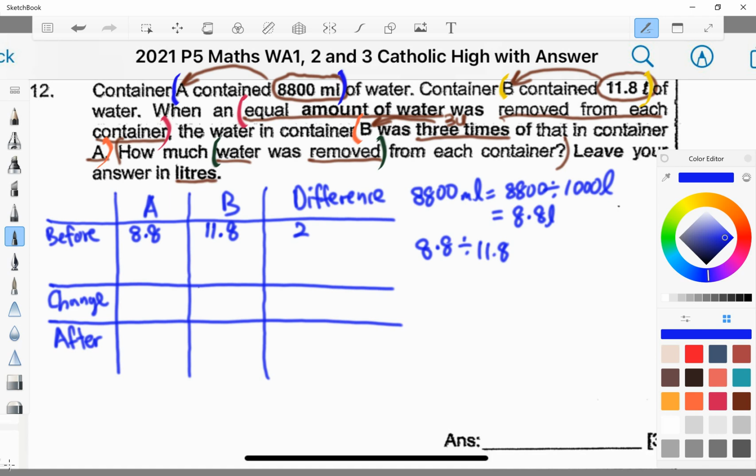And what would the outcome be? It will become, if I'm not wrong, it should be 44 out of 59.